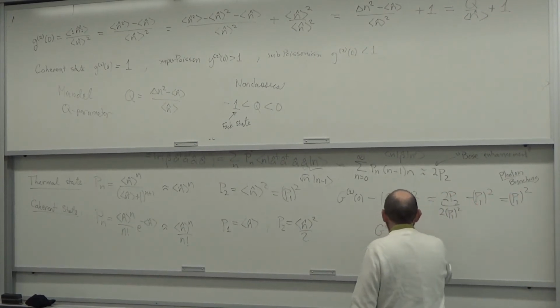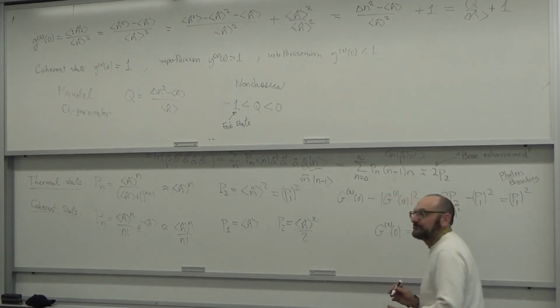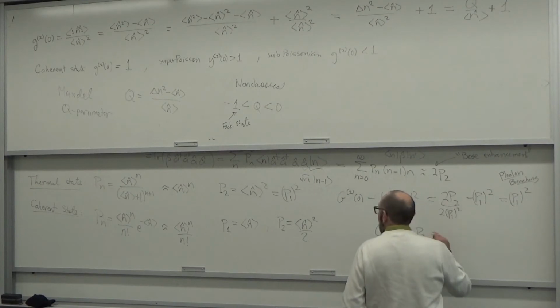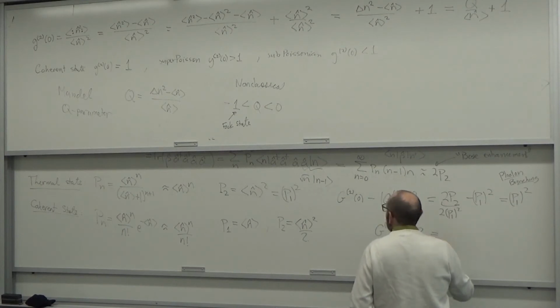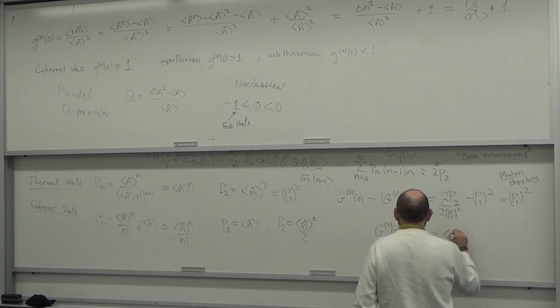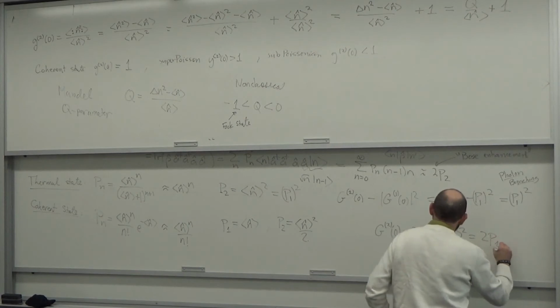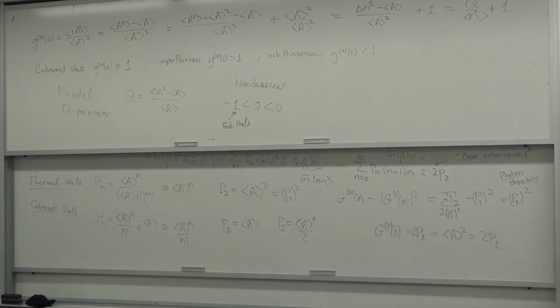G2 at 0 is equal to P2 itself, which is equal to n squared, or 2p2, which is n squared, which is twice p1. And that twice p1 is p1 squared.